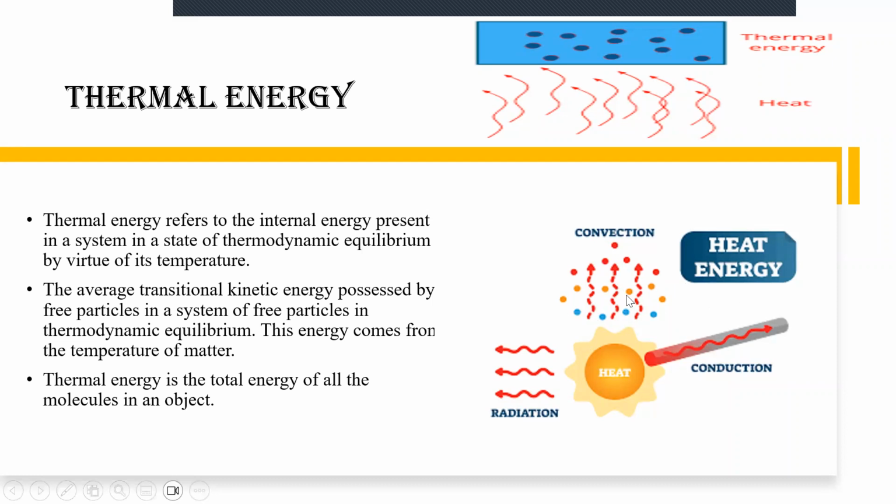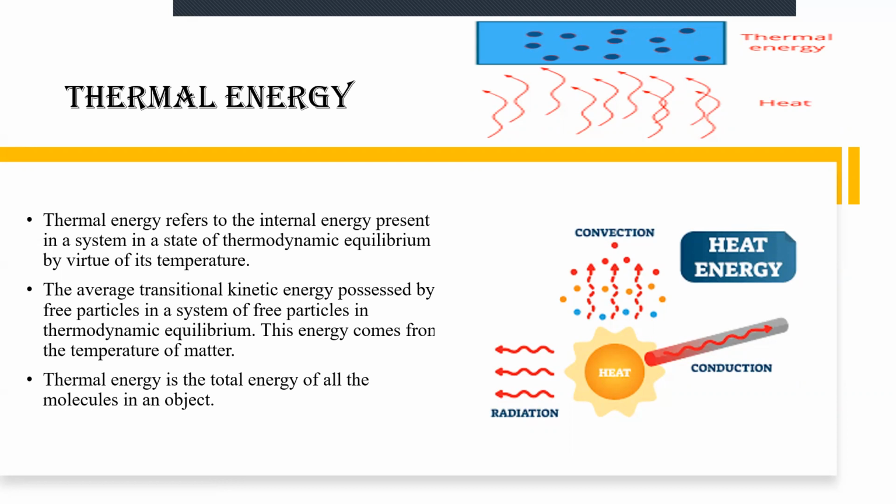Now, thermal energy is nothing but the internal energy present in any object which is in a state of thermodynamic equilibrium. So the temperature or heat of the particular object will be measured at equilibrium. Whenever you push an object from one end to the other, there is kinetic energy possessed by that object, whether it is a free moving particle or whatever object it might be.